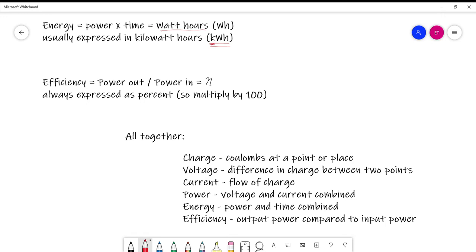Efficiency is a comparison of power out to power in. Efficiency is just asking the question, how much do you get out of a system compared to how much you put in? If you get everything out that you put in, that means you didn't lose anything, and that would be 100% efficient.